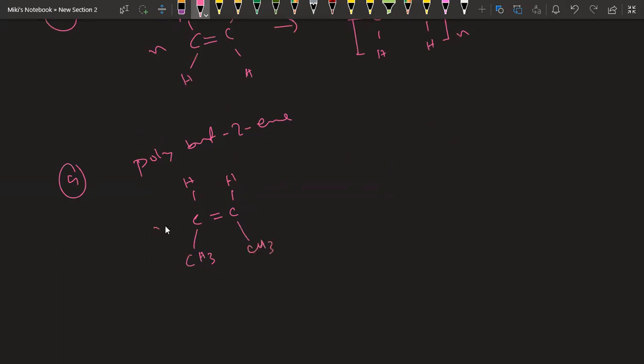There are n such molecules, and after polymerization, we have CH3 and hydrogen. Even if you put the CH3 on the top, one of them on the top, or both of them on the top side, it's completely fine. All are correct. So there we have n such molecules.